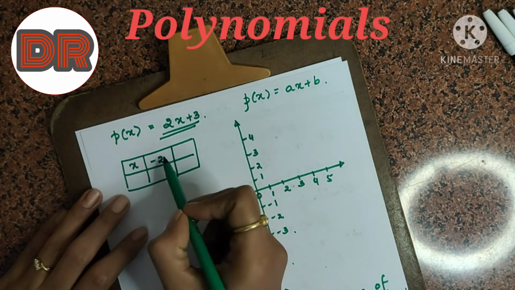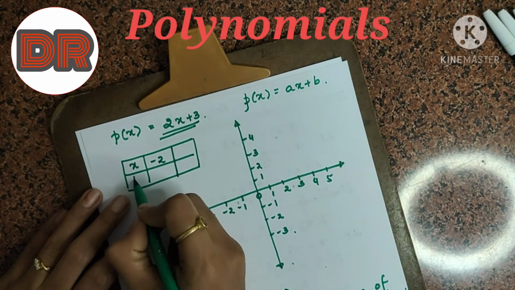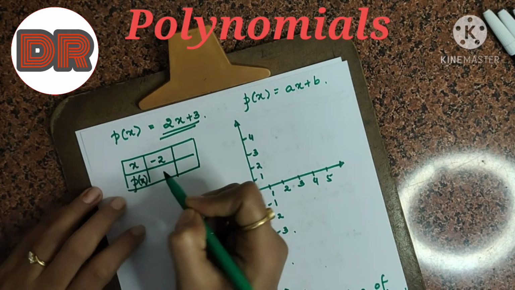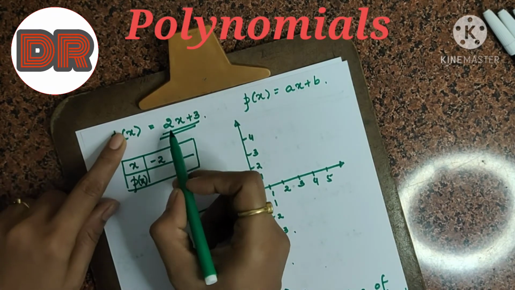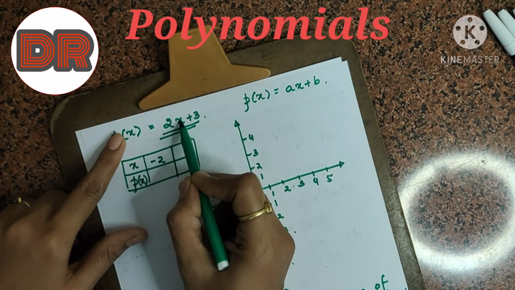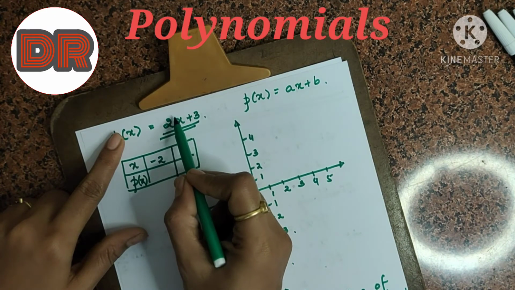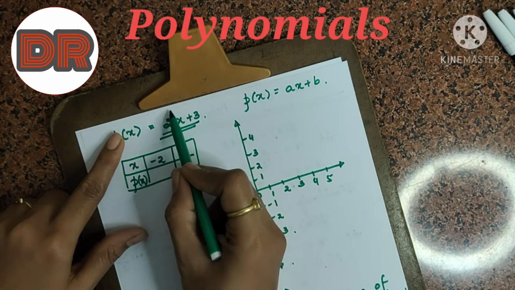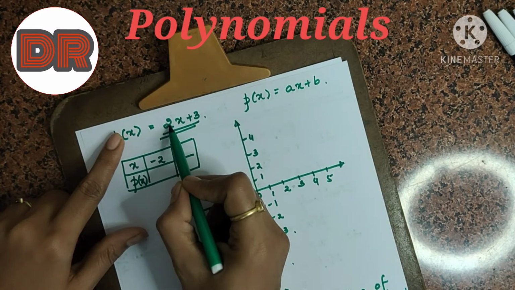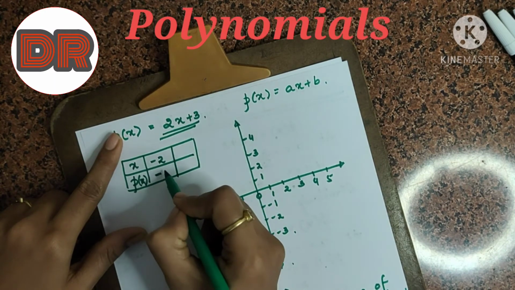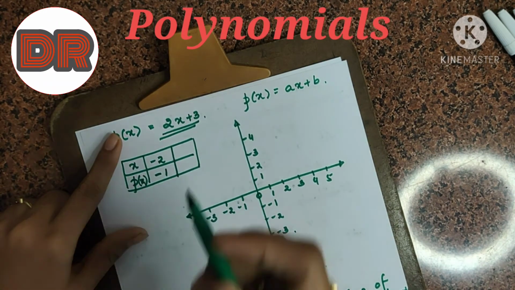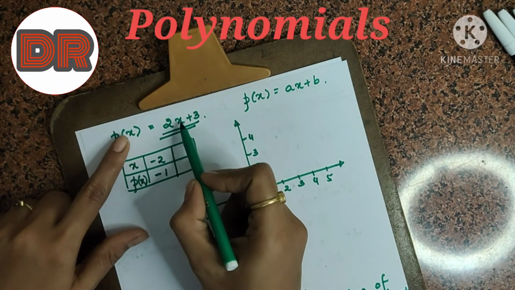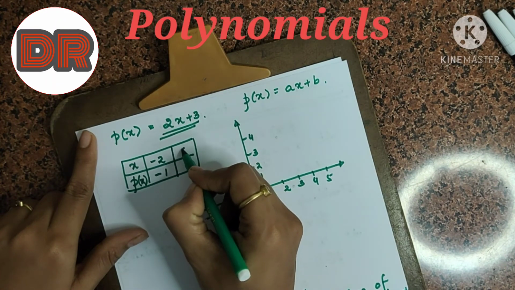When I take x as -2, the value of p of x, in place of x you substitute -2, this becomes -4, and -4 plus 3 is -1. Similarly, let me substitute one more value. You can take x as any value, positive or negative.